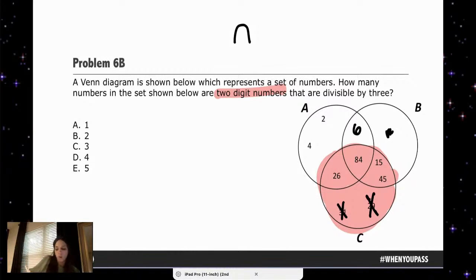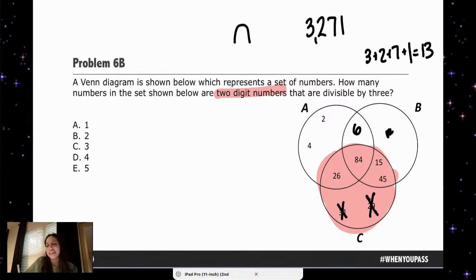Let me give you a harder one. 3,271. Is that divisible by 3? Well, 3 plus 2 plus 7 plus 1. 3 plus 2 is 5. 5 plus 7 is 12. 12 plus 1 is 13. 13 is not divisible by 3. So 3,271 is not divisible by 3.